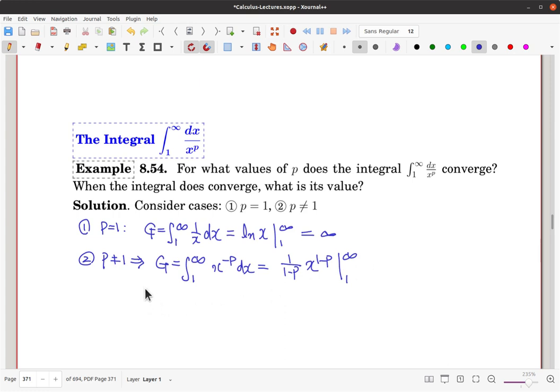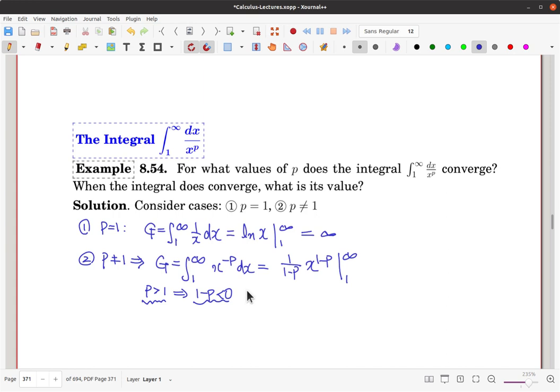Now, from this one we have two cases. First, p is larger than 1. Then the power 1 minus p is less than 0, so that once x equals 1, the value always exists. However, if x approaches infinity, then since p is larger than 1, the power 1 minus p is less than 0, so it converges to 0.